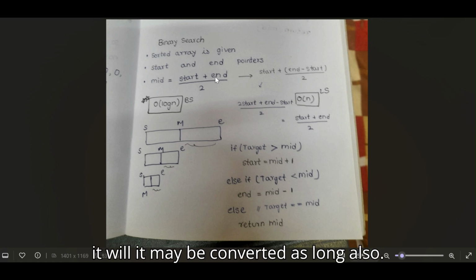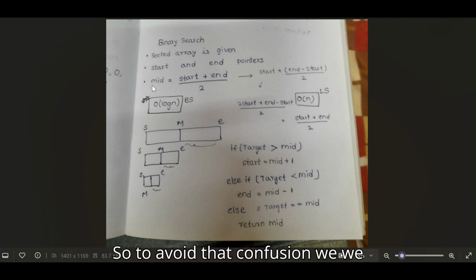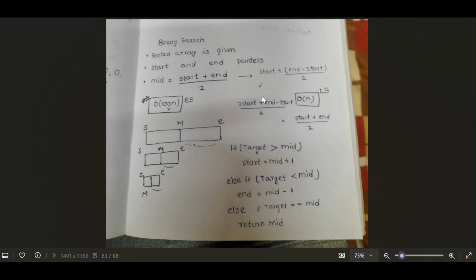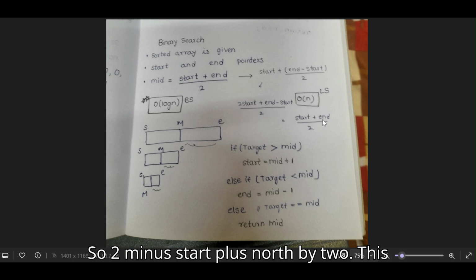So to avoid that confusion, this can be written as start plus (end minus start) by 2. This is a simple mathematical convention which we can use to avoid the overflow. You can observe here it can be converted, the LCM is 2, so (2 times start minus start plus end) by 2.